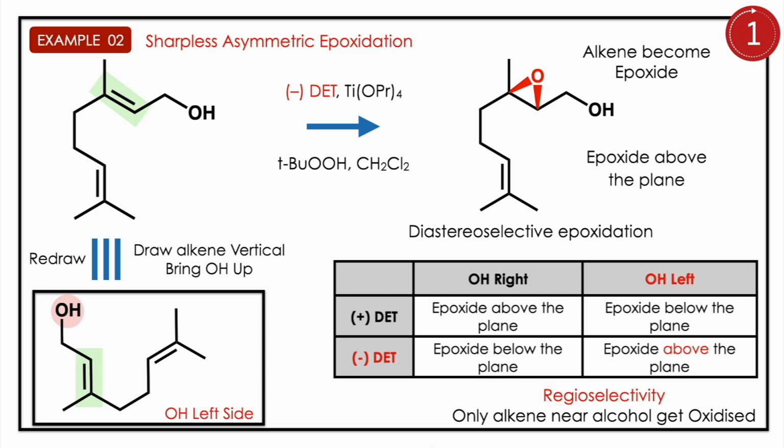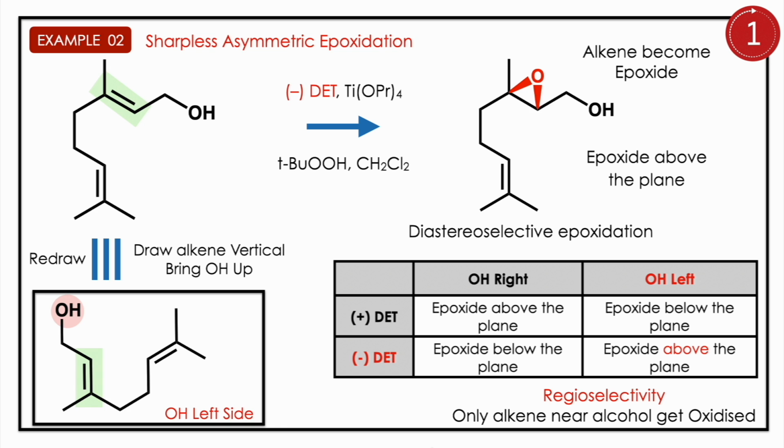Here, by looking at the alkene and alcohol and DET, you might realize it is a Sharpless Asymmetric Epoxidation reaction. So we have to analyze the position of OH, the position of alkene and DET. DET is -DET. We only analyze the alcohol. To find the alcohol position, bring the alkene vertical and OH above. If you bring it, you can clearly see OH is on the left side.